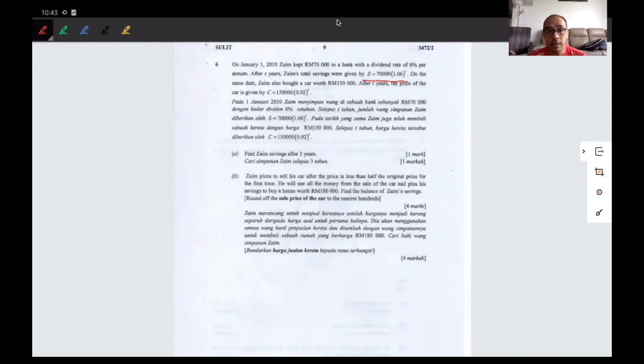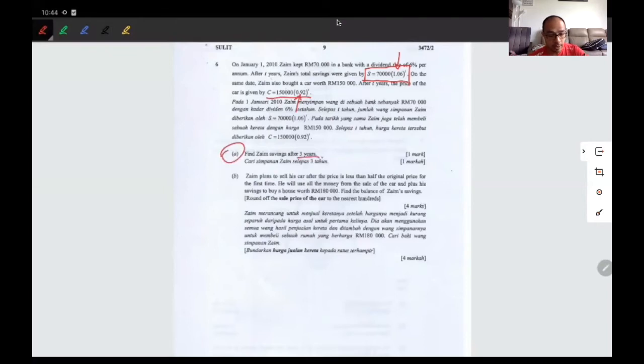So after 3 years, the price of the car is given by this one. Notice that the savings akan menaik lah sebab the common ratio is 1.06, more than 1. The car price akan menurun because the rate is minus 8%. So interesting. Find Zaim's savings after 3 years.